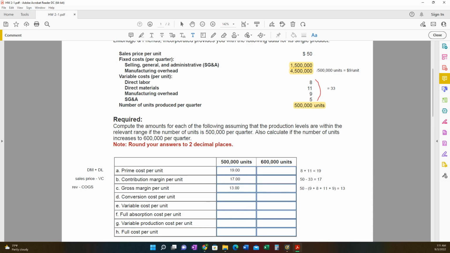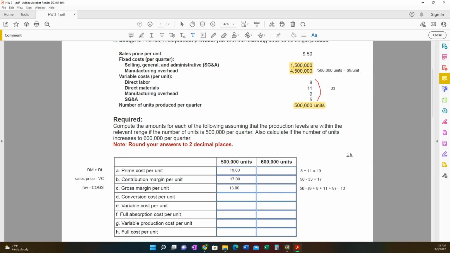Next is our conversion cost per unit. Conversion costs are discussed on page 51, and page 51 tells us that conversion costs include direct labor and manufacturing overhead. Remember, the term means that direct labor and manufacturing overhead are what's needed to be applied to direct materials to be able to convert the direct materials into a finished product.